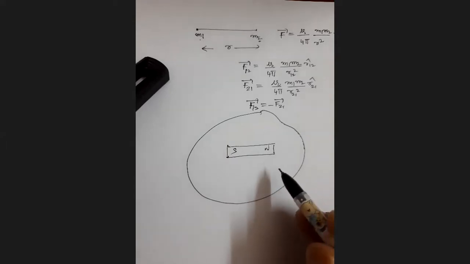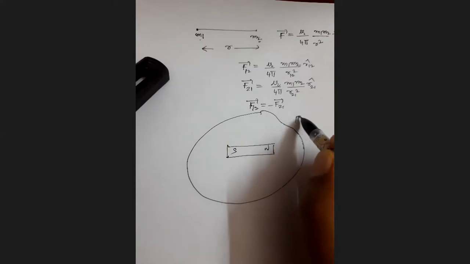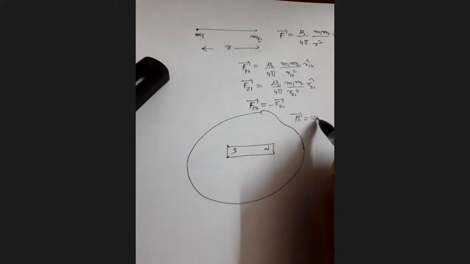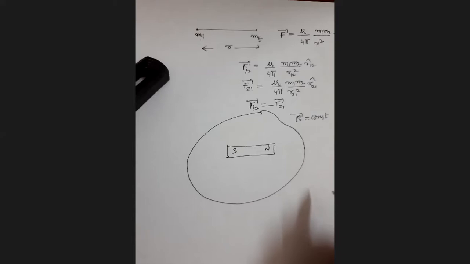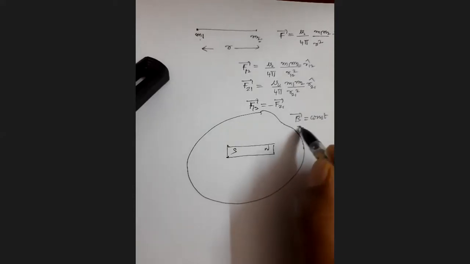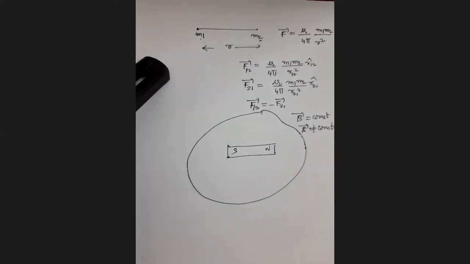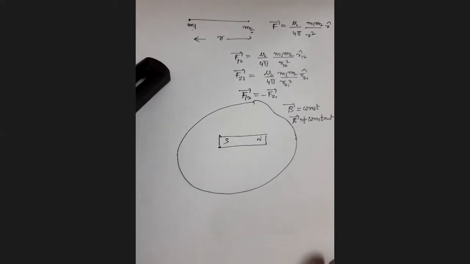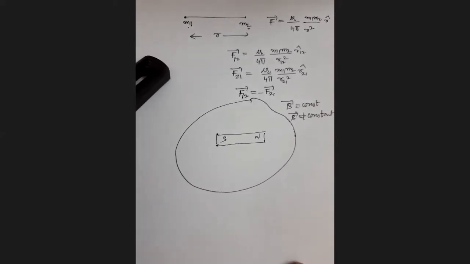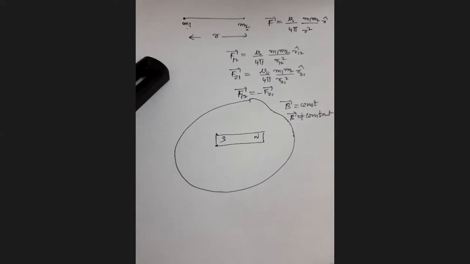In the uniform magnetic field, magnetic induction field strength B bar is constant at every point. In the non-uniform magnetic field, B bar is not constant at every point. It may differ either in magnitude or direction or both. Accordingly, the magnetic lines of force in the uniform magnetic field are parallel, straight, equidistant lines. In the non-uniform magnetic field, we have seen that there may be straight lines or curved lines, right?